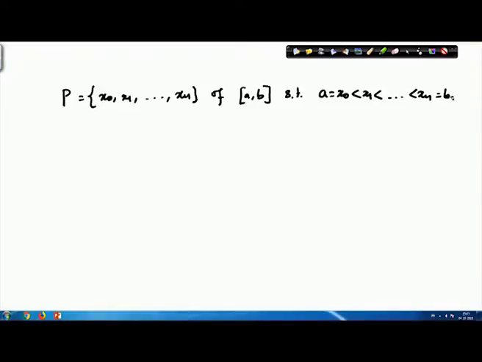Now for this partition P we can define the norm of this partition.